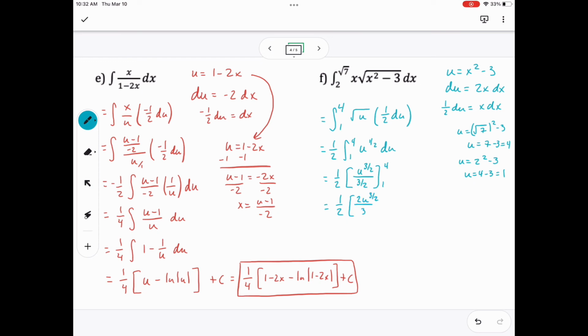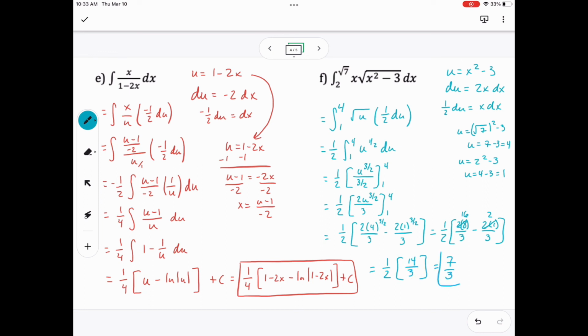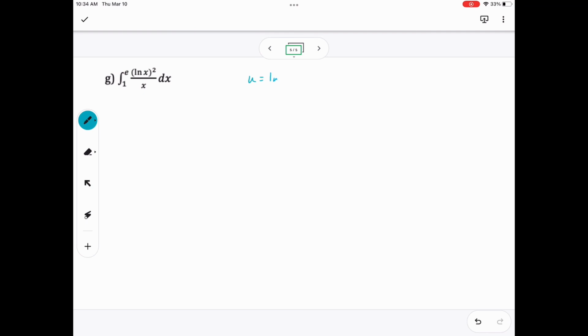And then once I do that, now I can do my antiderivative as normal. Here I'm not going to need c because it's a definite integral, so we'll plug in 4 and we'll plug in 1. And that allows me to get 16/3 and minus 2/3. That'll give me 14/3 when I simplify, and then times it by 1/2 gets me 7/3. That's my final answer.